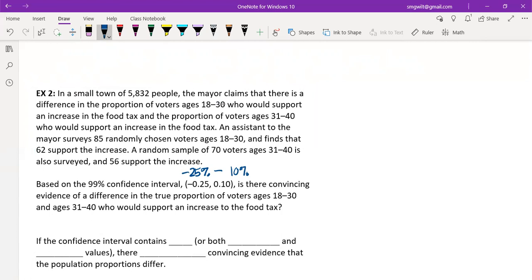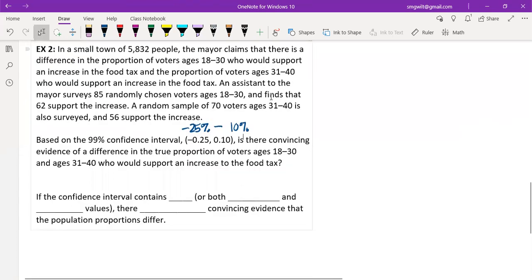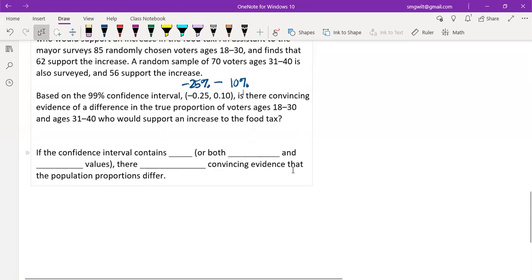So is there convincing evidence of a difference in the true proportion of voters ages 18 to 30 and ages 31 to 40 who would support an increase in the food tax? This is very straightforward in terms of how we evaluate.